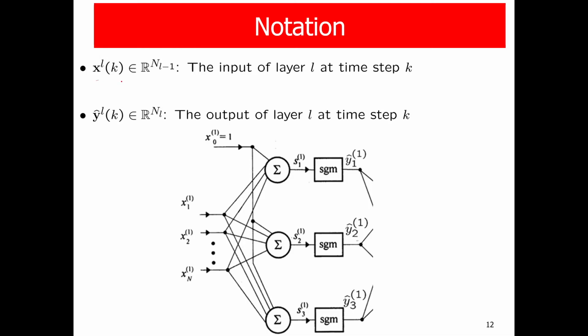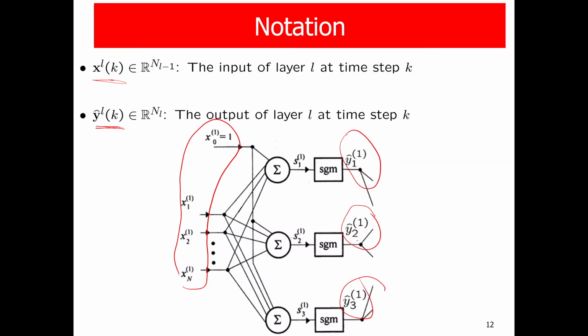X_l^k denotes the input of layer l at time step k, and let ŷ_l^k denote the outputs of layer l at time step k. Here you can see the inputs of layer 1 and the outputs of layer 1. The outputs of layer 1 are denoted by ŷ_{1,1}, ŷ_{1,2}, and ŷ_{1,3}.